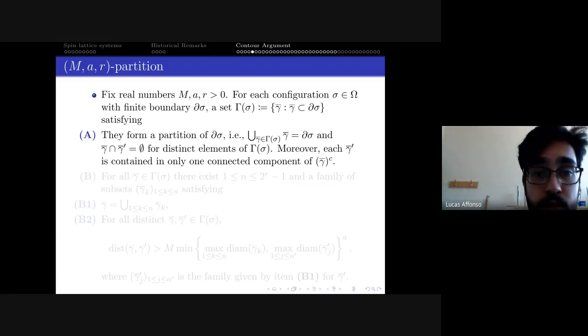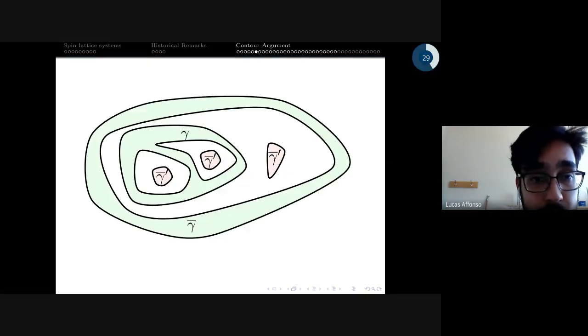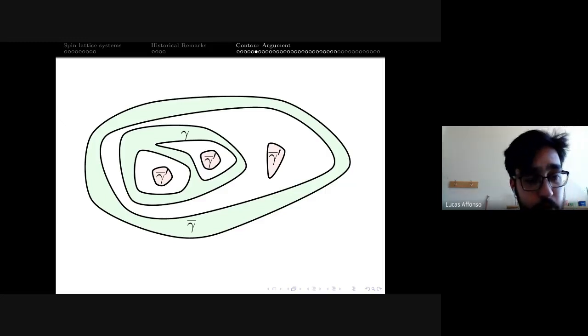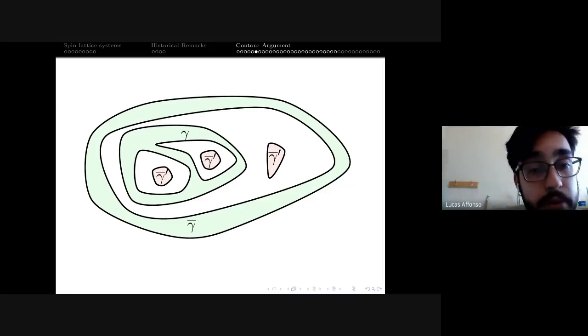What does this mean? If you take a look at this picture and you want to break this set into two parts, gamma and gamma prime, this partition does not satisfy condition A. Why? Because if you look at the white regions, they are the connected components of the complement of gamma.